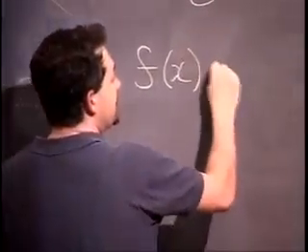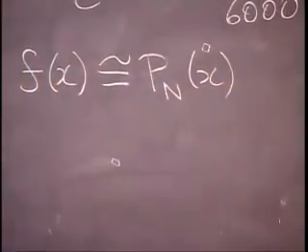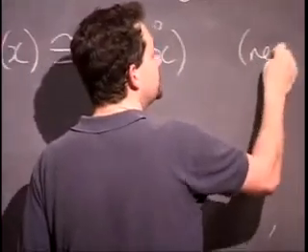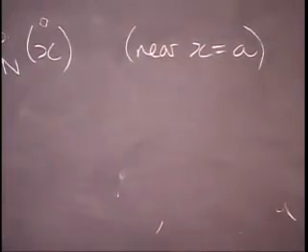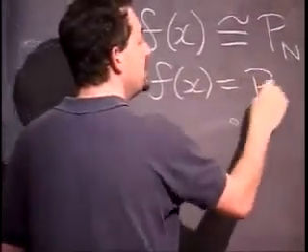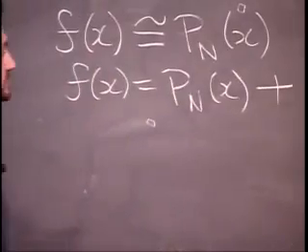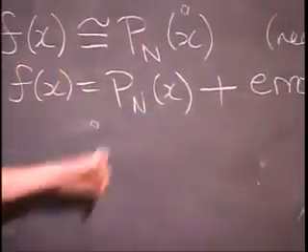So here it is. In general, this is what I like to write. I am saying that f of x is approximately Pn of x. That's what I'm saying. Right? Pn of x is a good approximation to f of x, especially near x equals a. So what I'd like to do is write down f of x equals Pn of x plus a little bit, plus an error. But I better call the error something, and it's clearly depending on n.